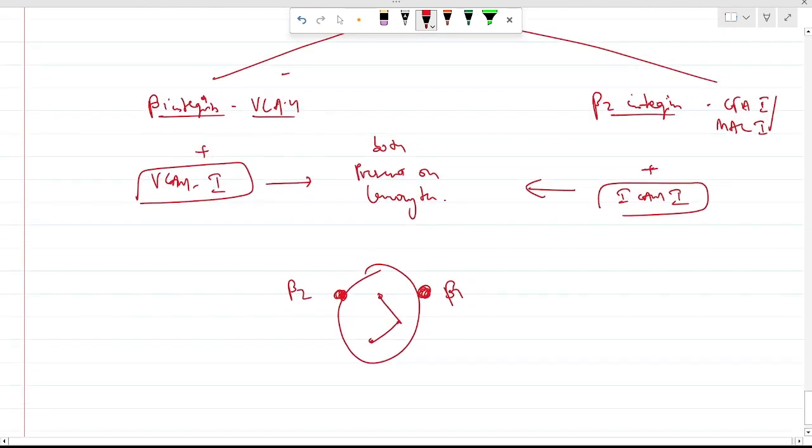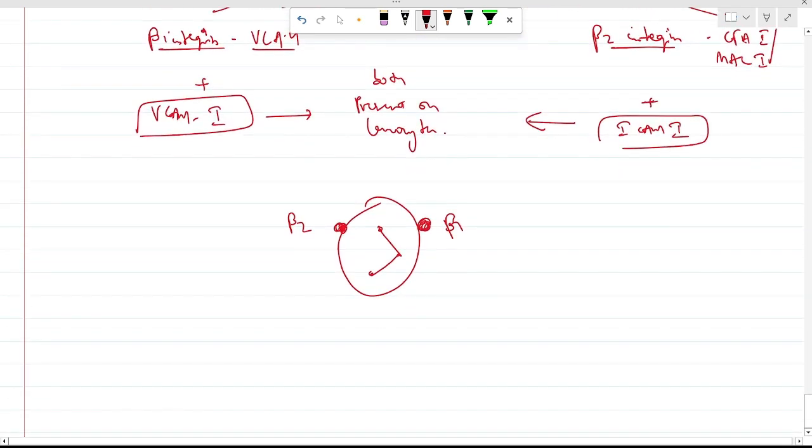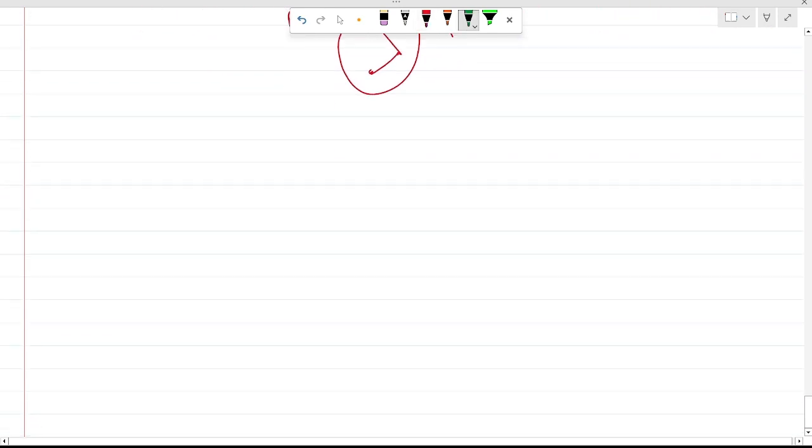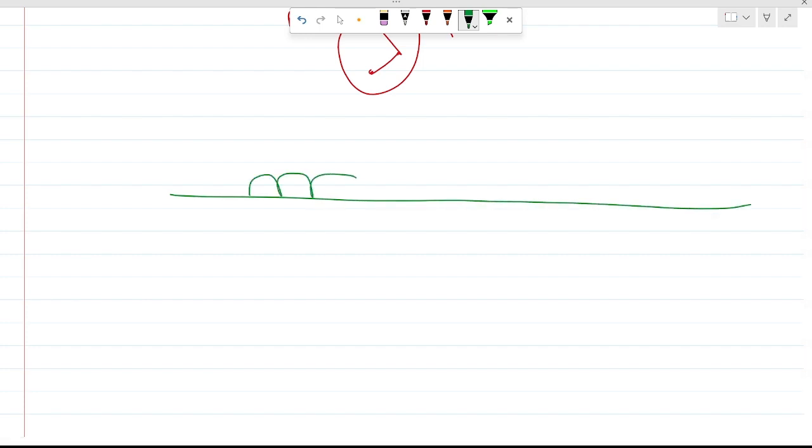Beta 1 is VLA4. Beta 2 is LFA1 or MAC1. And here on the endothelium we have endothelial cells as always. Here are present the two molecules for interaction.